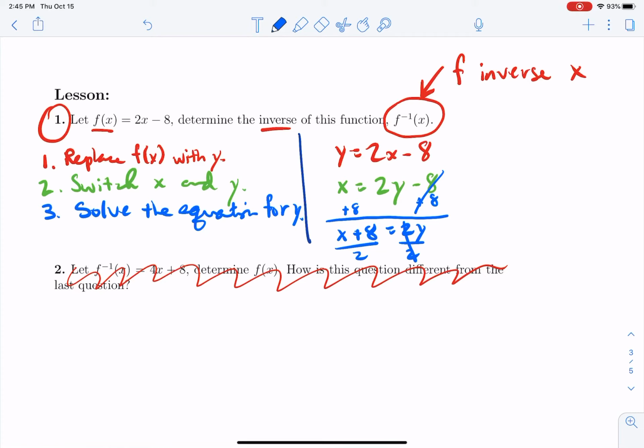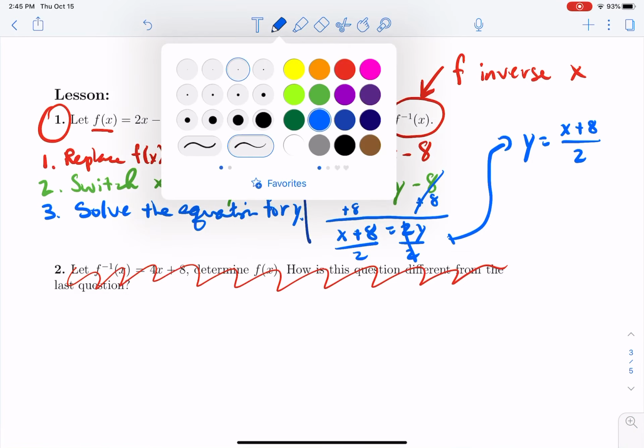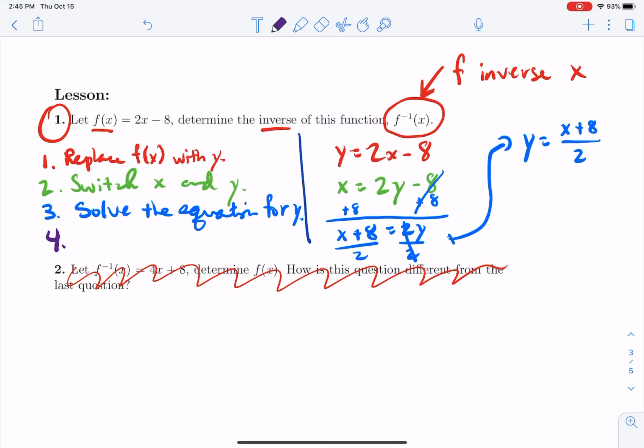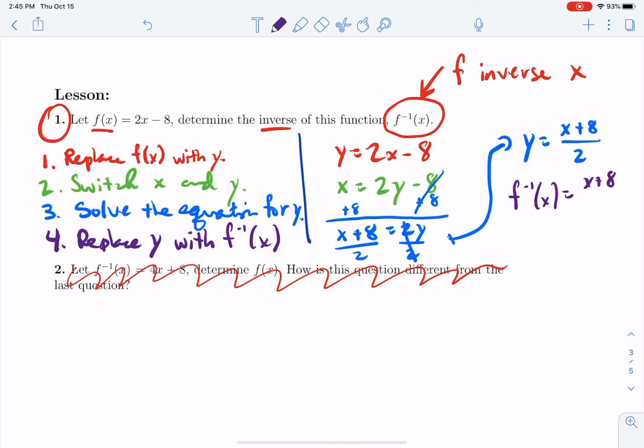This cancels, and I'll have y equals x plus 8 over 2. The final step is to replace y with my special function notation for inverse. So now I'm going to write f inverse of x equals x plus 8 divided by 2.